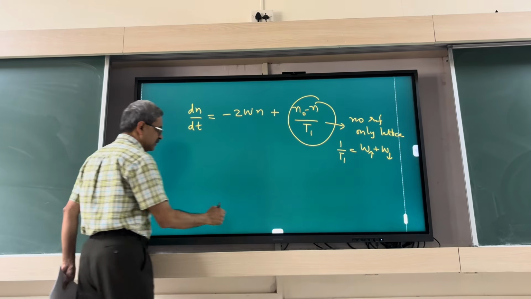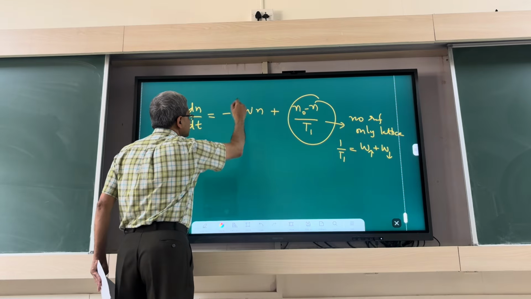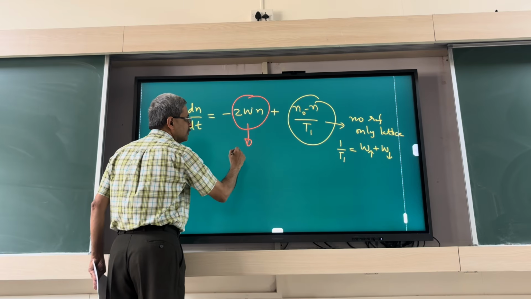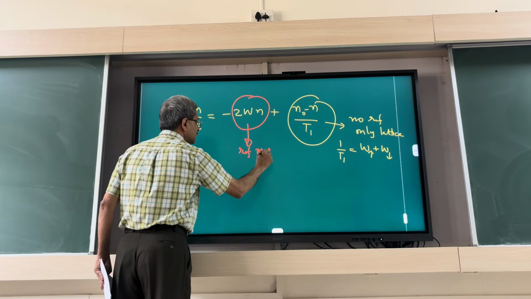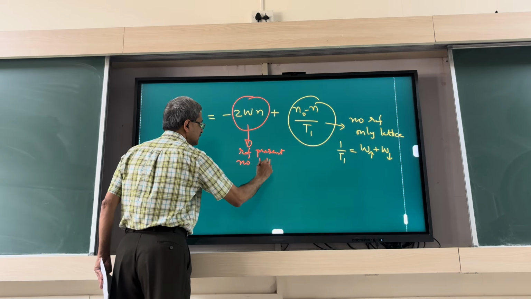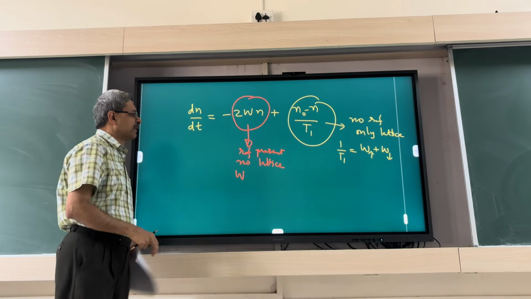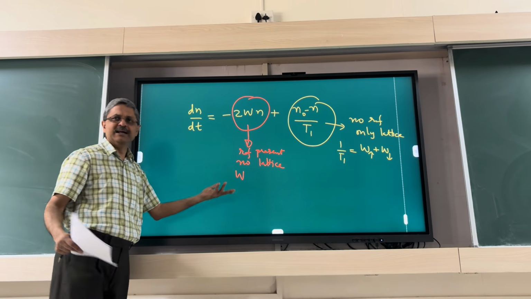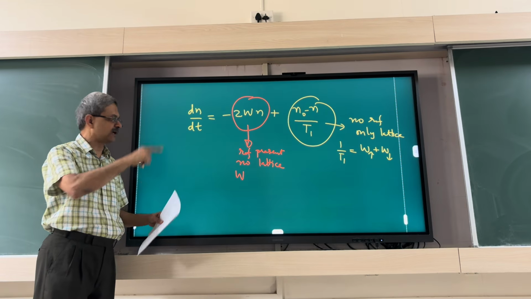On the other hand, this other part is RF present but no lattice. Remember, in the lattice case W up is different from W down. In this case they're equal, it's just the H1 field which is giving rise to transitions.